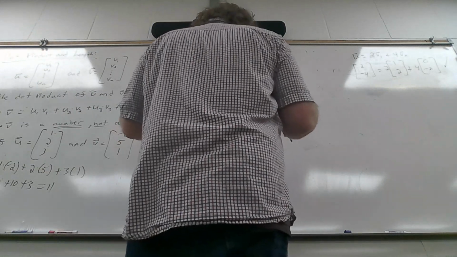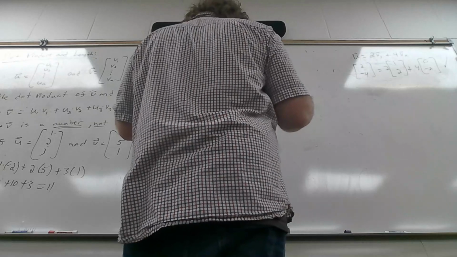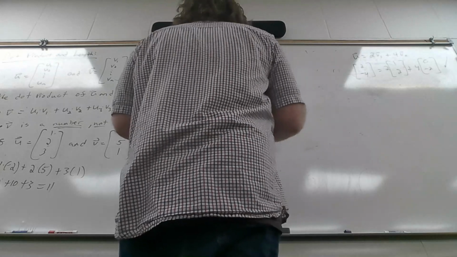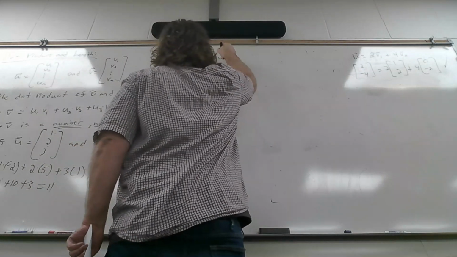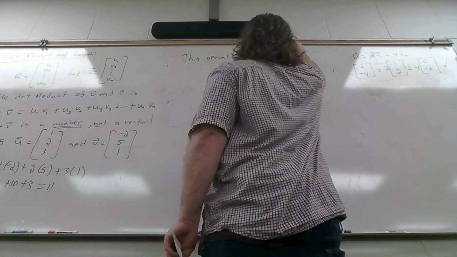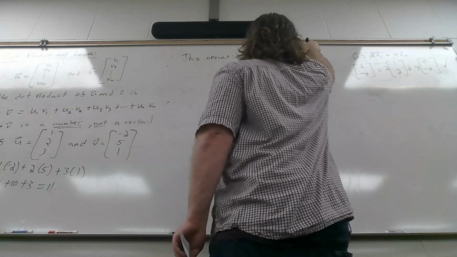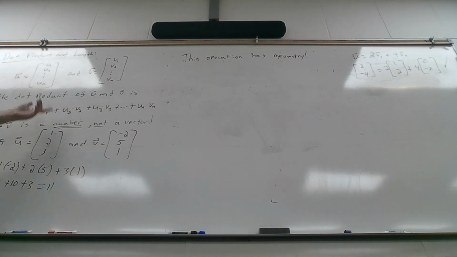I'm actually going to talk about that first. So this operation has geometry. Because like I've said, for all of this vector stuff, yeah, sure, they're just a tuple of numbers, but they always have a geometric meaning behind them.